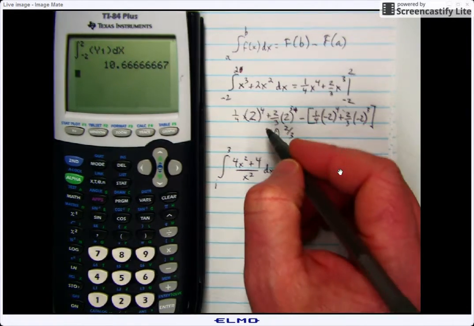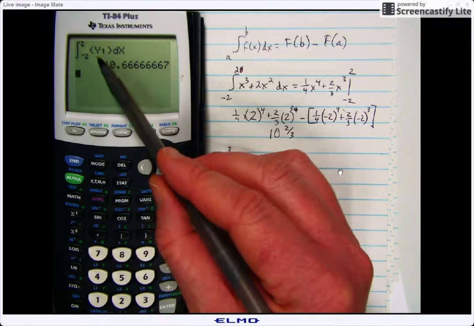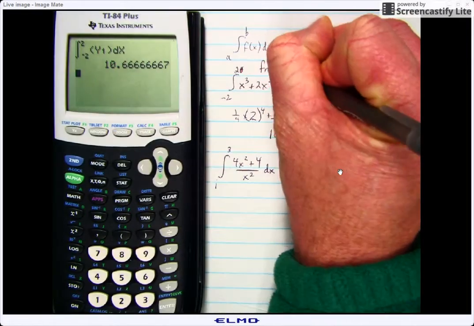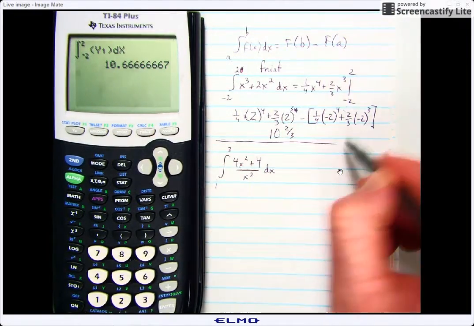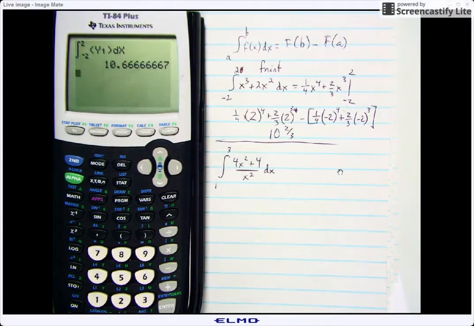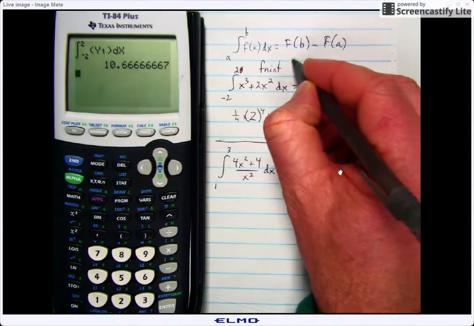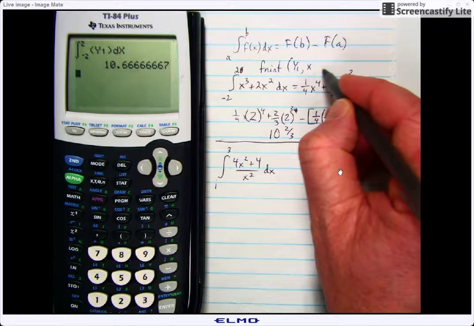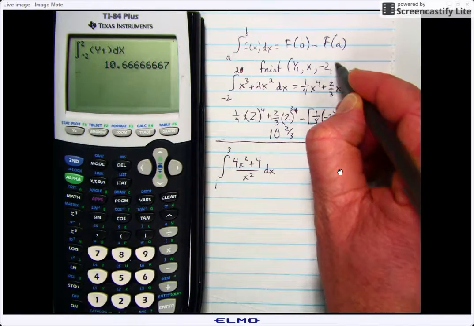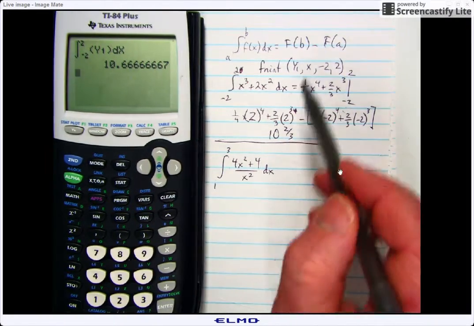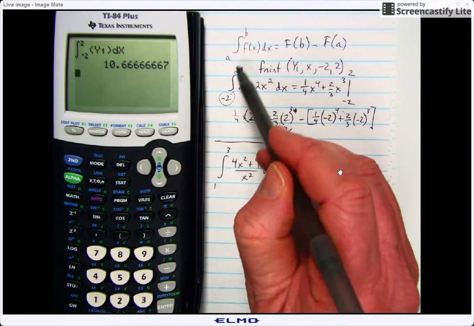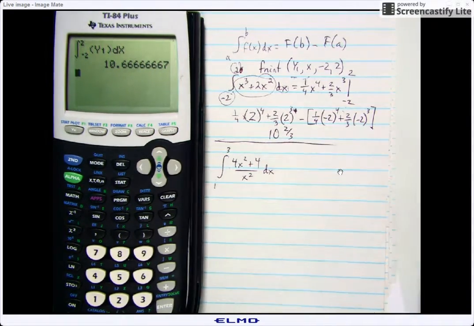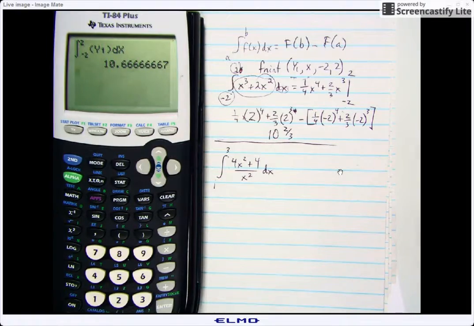Okay, if your calculator does not have this shortcut, then it's going to say function int, and you're going to enter the same thing that's there. y1 x, that means we're taking the integral with respect to x, and then negative 2 to 2. So the things match up. Negative 2, 2, there's your y, there's your x. So even if you have the other method. Okay?